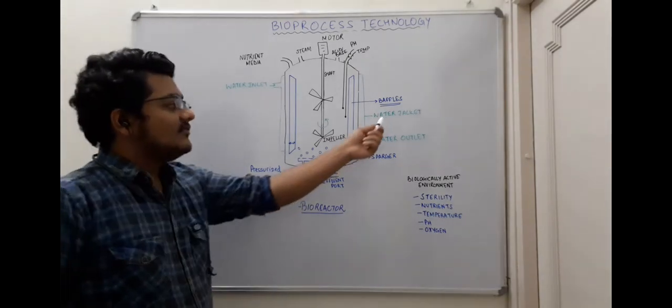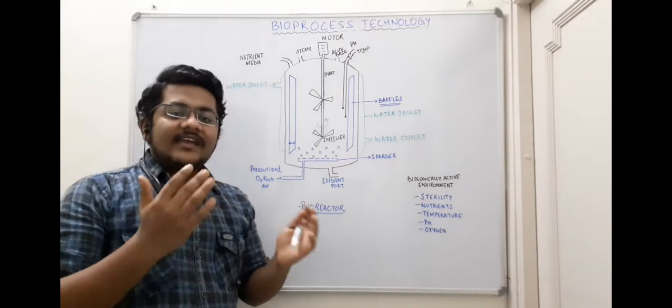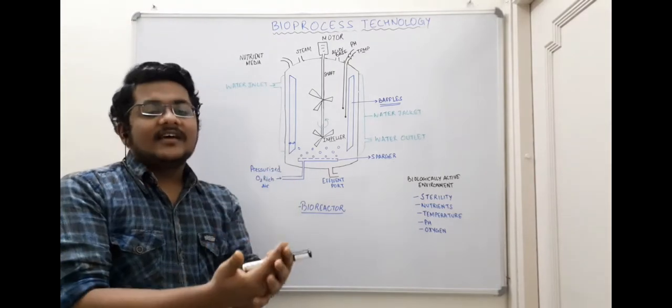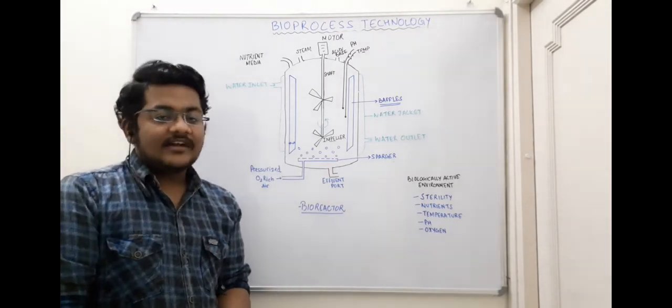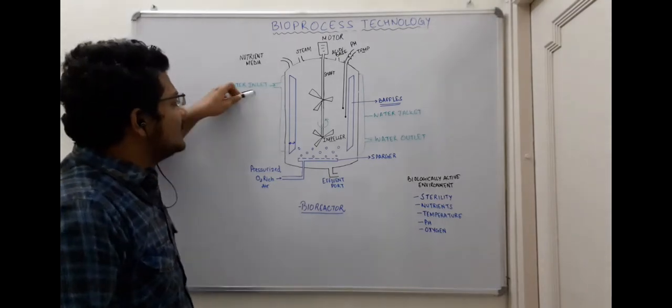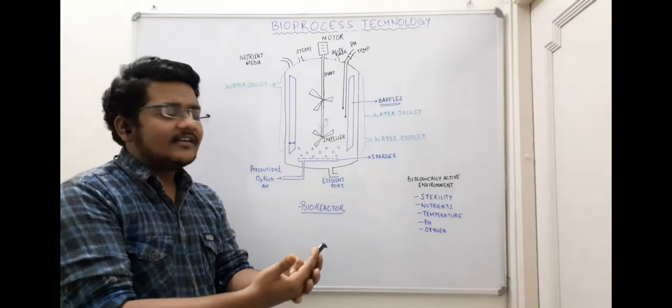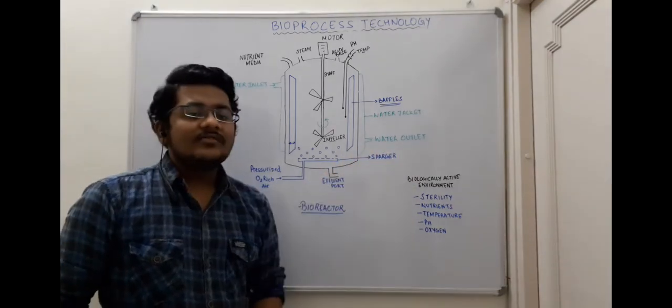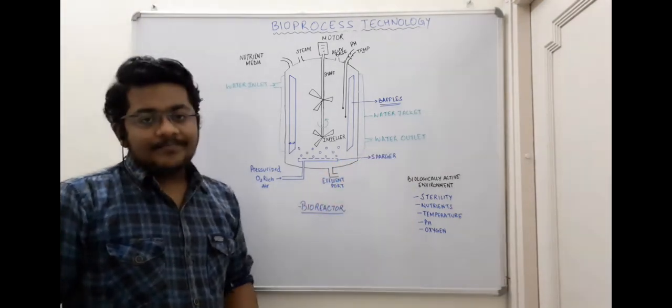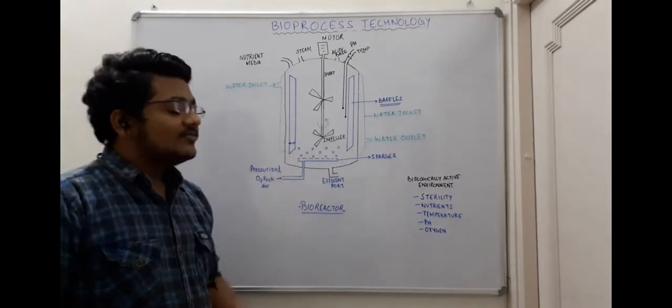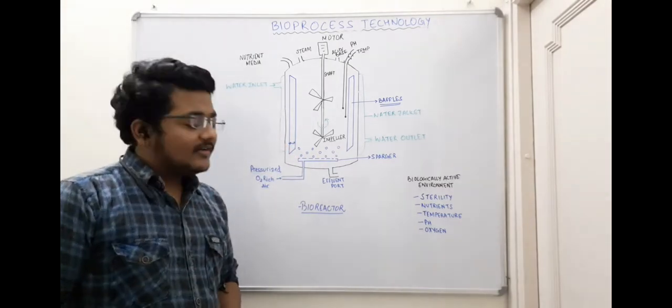For that we have a water jacket. It is a jacket which surrounds the entire container. Cool water moves into the jacket, cools down the entire container, and then moves out from this water outlet. So this water jacket helps us in cooling down the bioreactor.